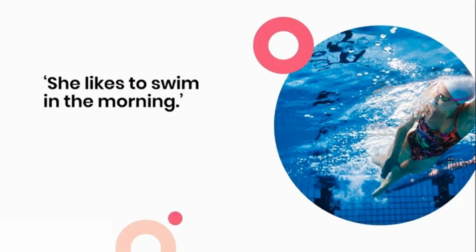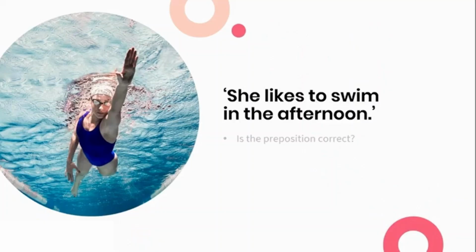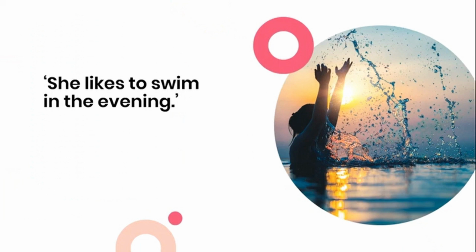Now, is the preposition in this sentence correct? She likes to swim in the morning. Yes, it's correct. What about this one? She likes to swim in the afternoon. Yes, it's correct. What about this one?